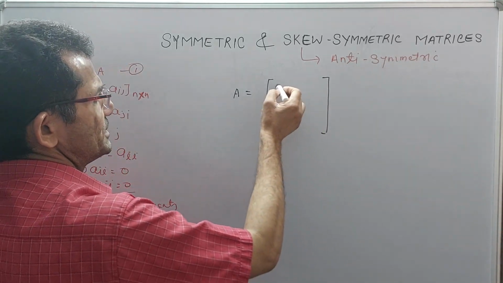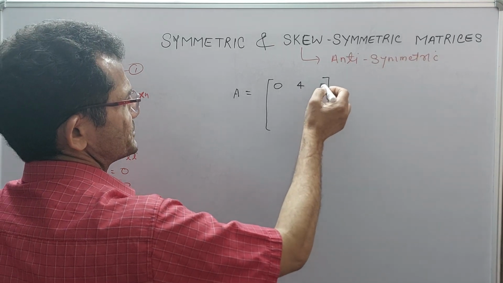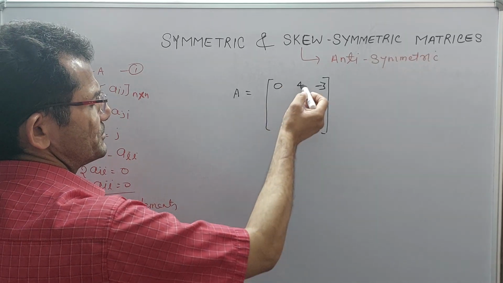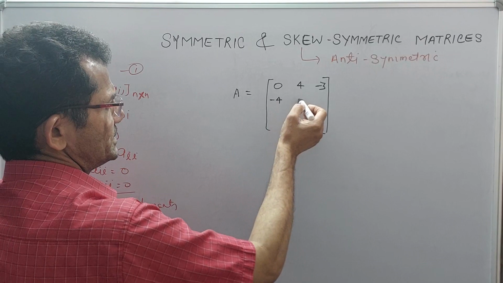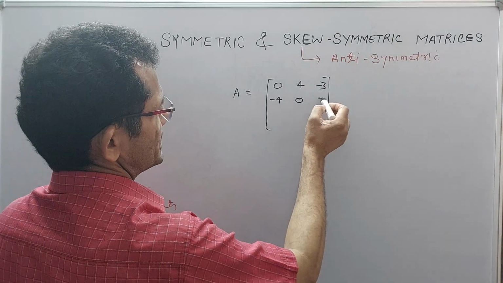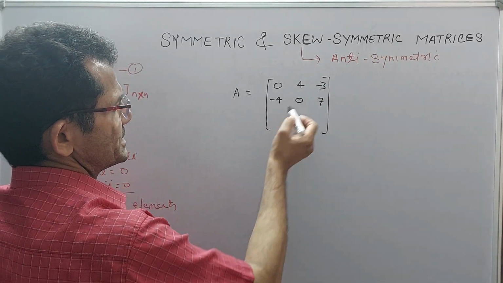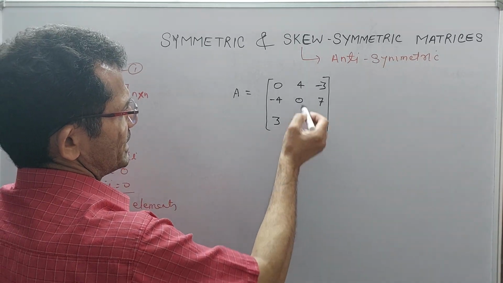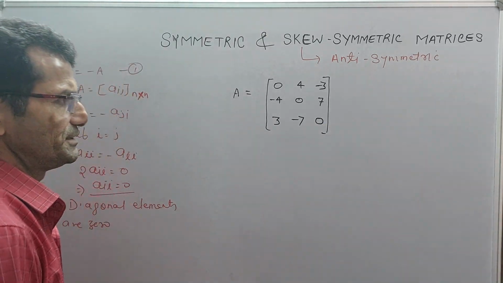If I take 4 as the first row element, then 4 just anti-parallel of this one should be minus 4 here, and this will be 0, and take any element here. Suppose I take 7 and minus 4, minus 3, just the negative of this one will be 3, and the negative of this one will be minus 7, and the third row's last entry will be 0.